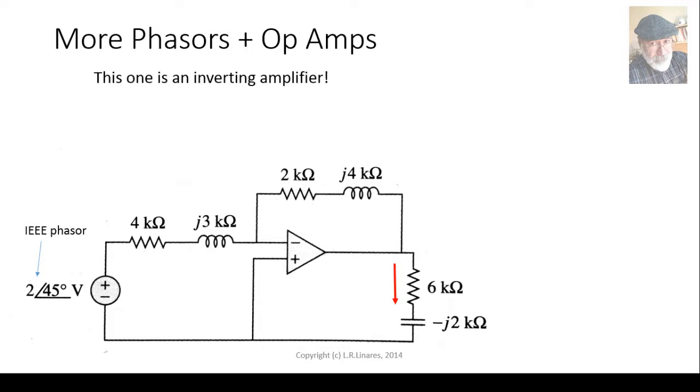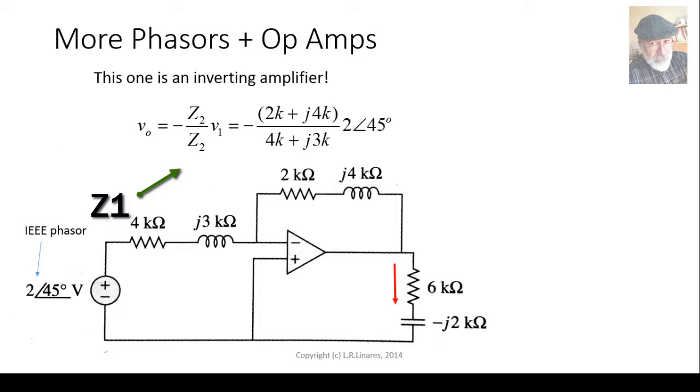This one is also an inverting amplifier, so we know that the voltage gain is going to be negative Z2 over Z1, and there is a typo there, right? Z2 over Z1.